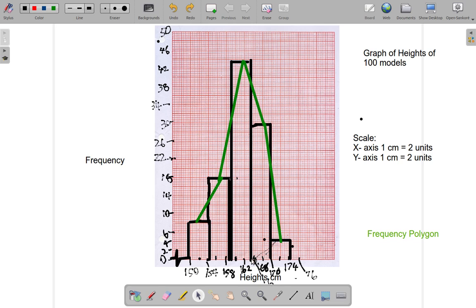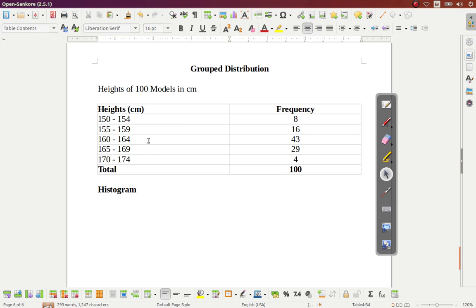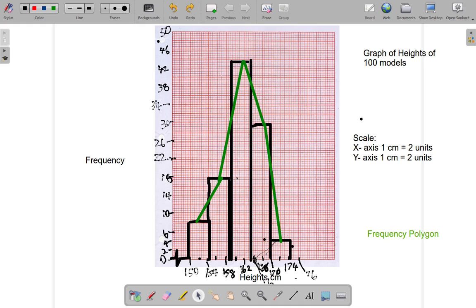The third bar ends at 164. Right. Then 165 to 169, close to 170.